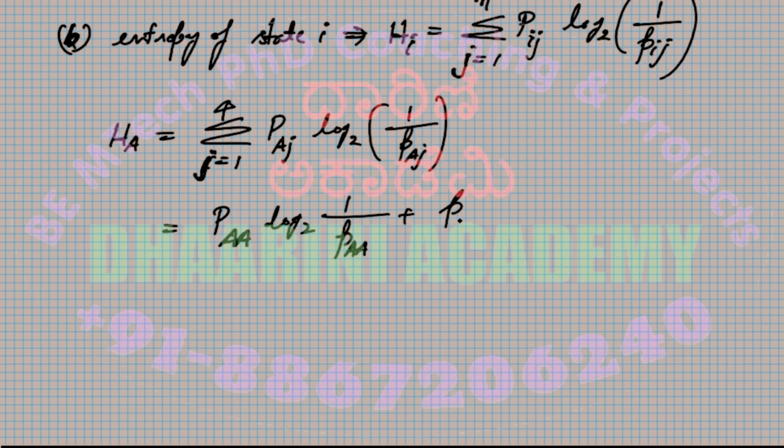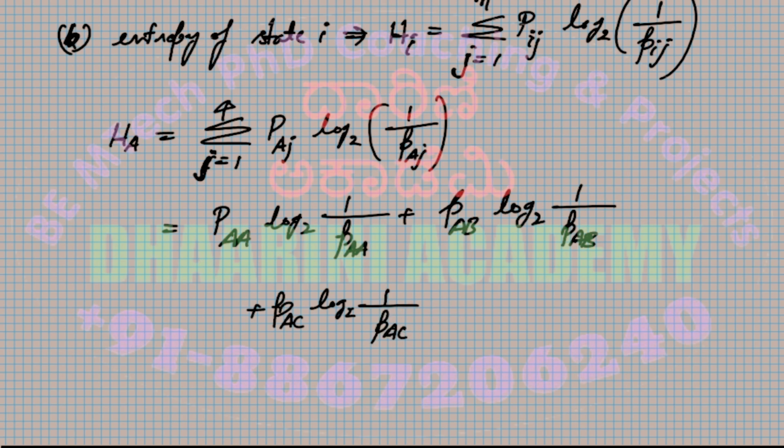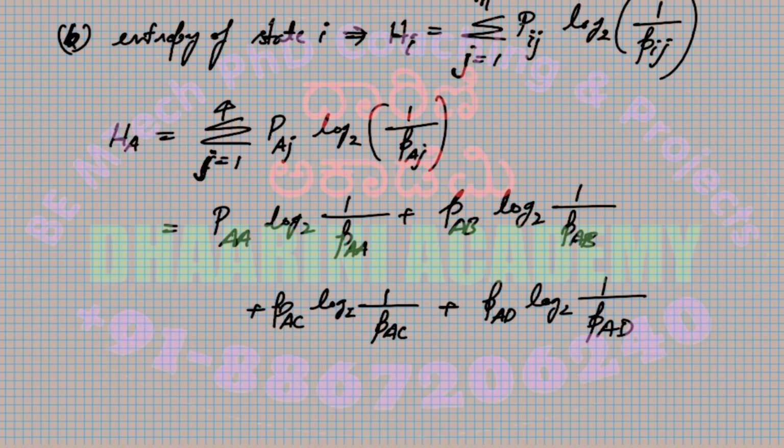Probability of moving from A to B, log to the base 2, 1 divided by PAB, and so on, plus PAC, log to the base 2, 1 divided by PAC, plus the last one, A to D. If you have a connection, you will fill this. The equation is just like that: log to the base 2, 1 divided by PAD.